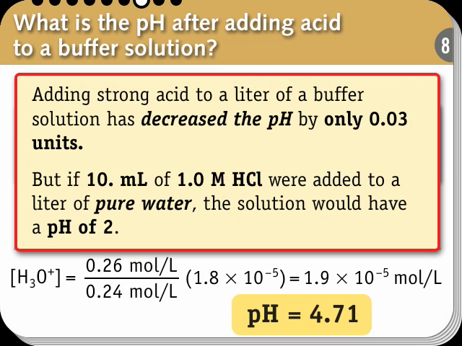Adding some strong acid to a liter of a buffer solution has decreased the pH, but only by 0.03 units. Contrast this with what happens on adding 10 milliliters of 1 molar HCl to a liter of pure water. This solution would have a pH of 2. The buffer has indeed resisted a pH change.